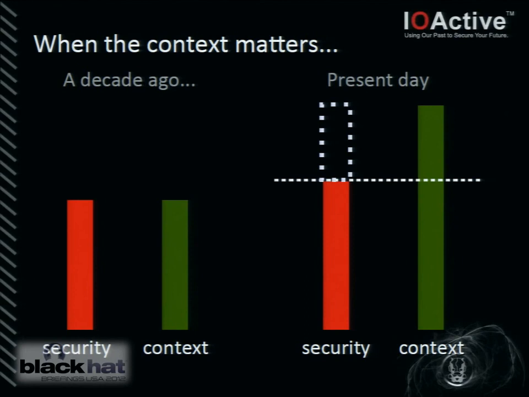So obviously, a lot of attack vectors have been added. The context has grown, and the security is not in balance right now. I think that gap, that difference between the context and the security, is what an attacker can use against those systems.